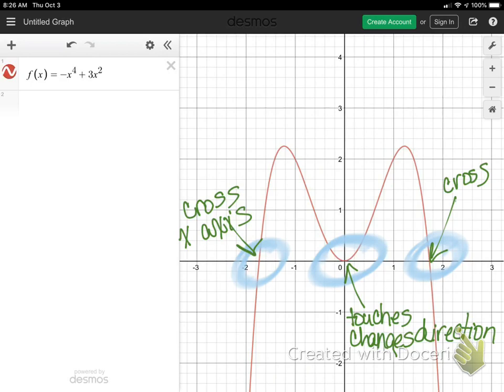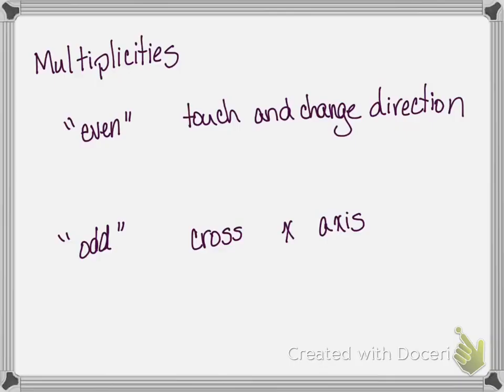And there's a reason for that. We just don't know what it is yet. But there is a reason for that. So I want you to notice that I have a graph that crosses the x-axis in some places, and a graph that touches the x-axis and changes direction in other places. What that is called is multiplicities.